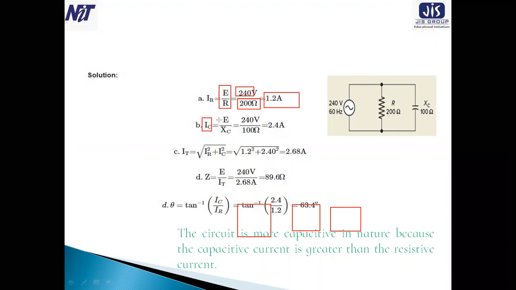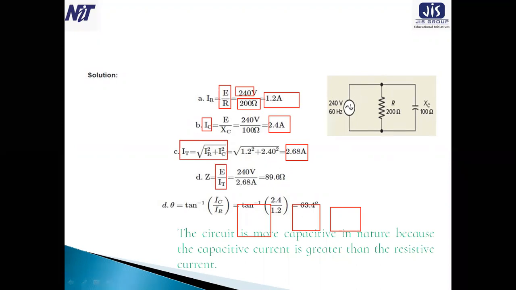Now IC equals E divided by XC, because the voltage source is parallel, so the voltage is the same in both cases, divided by 100. So 2.4 is the value of IC. Now IT, from the phasor diagram, we know that IT equals root over IR square plus IC square. So it will be 2.68.